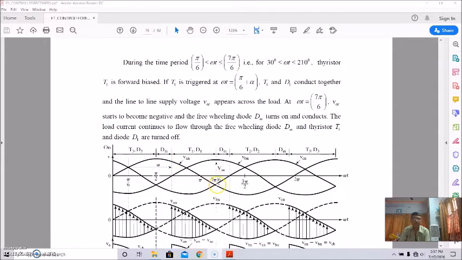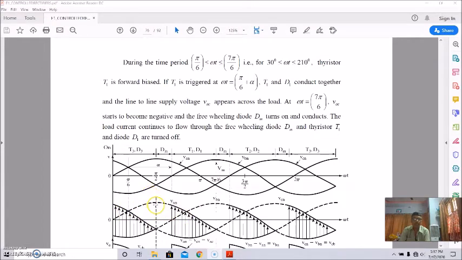At omega t equal to 7 pi by 6, VAC starts to become negative.